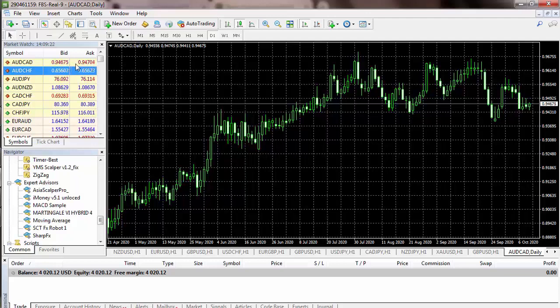So here, this is the micro pipette, which is always a fraction of a pip. You don't always count it, you count these two, you will count this last one as the, so what you have here, this Australian dollar and Canadian dollar, the difference between this 67 and 70 is the spread.